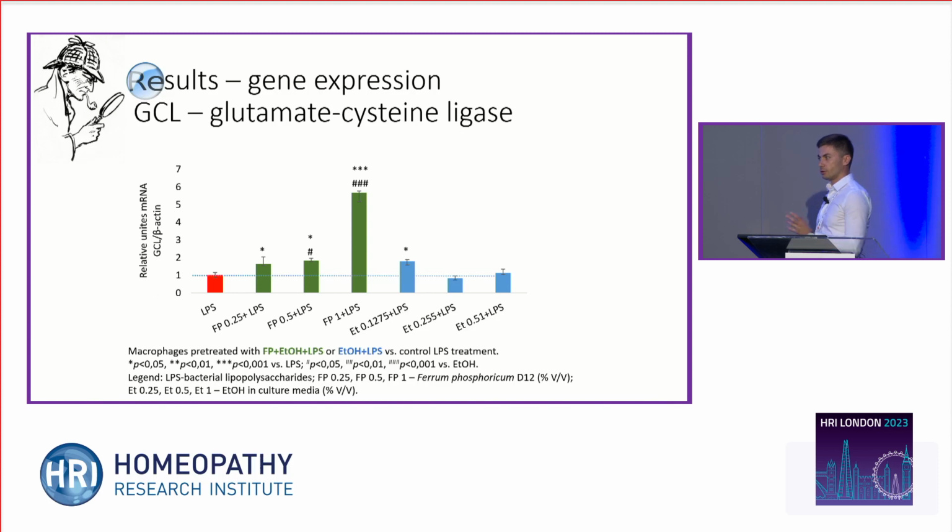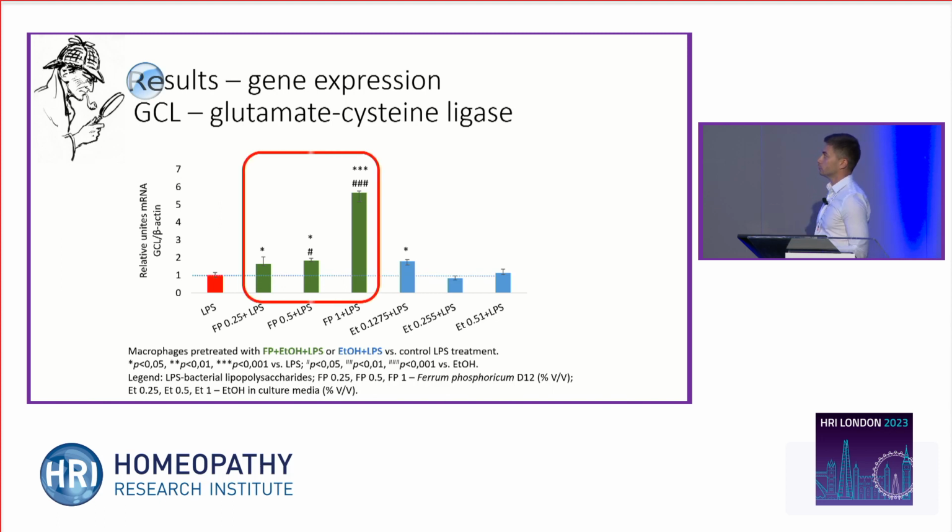But what is interesting, we have the second set of genes we analyzed, the antioxidant enzymes. We tested the gene expression of glutathione peroxidase, also of glutamate cysteine ligase. We have no statistically significant changes for glutathione peroxidase in case of LPS challenged macrophages.